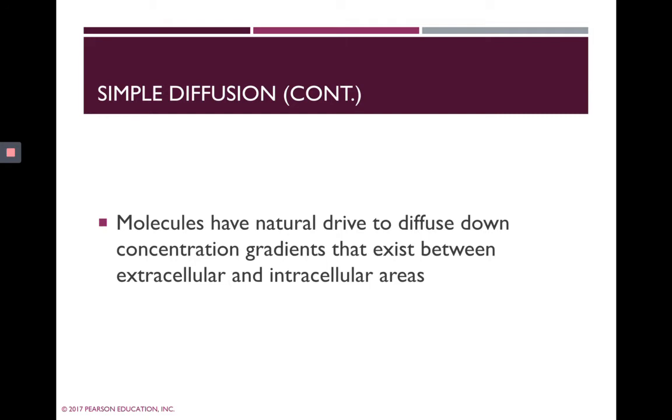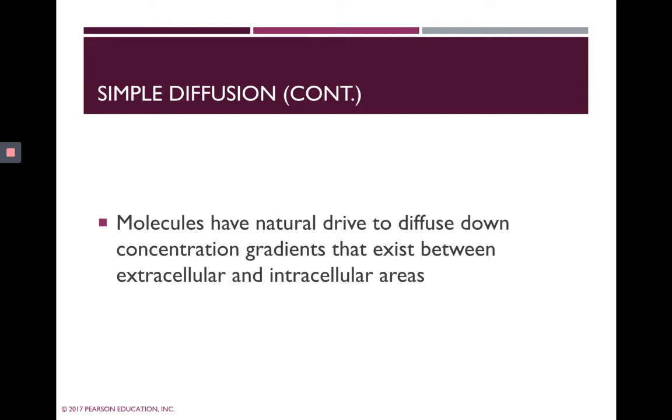If a molecule moves down its concentration gradient, that means it's moving from high to low. So you may have a question that says, you have a molecule that is lipid soluble and it moves down its concentration gradient. Is this an example of active or passive transport?